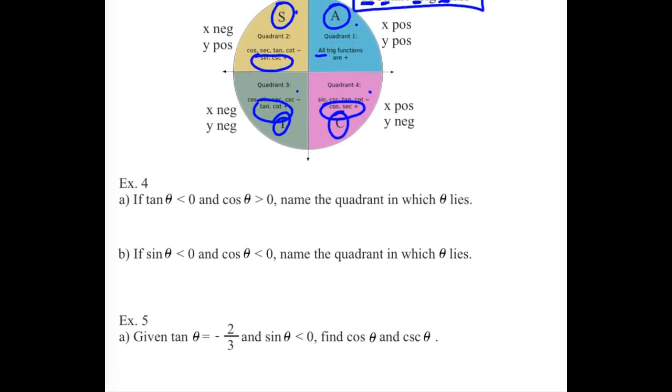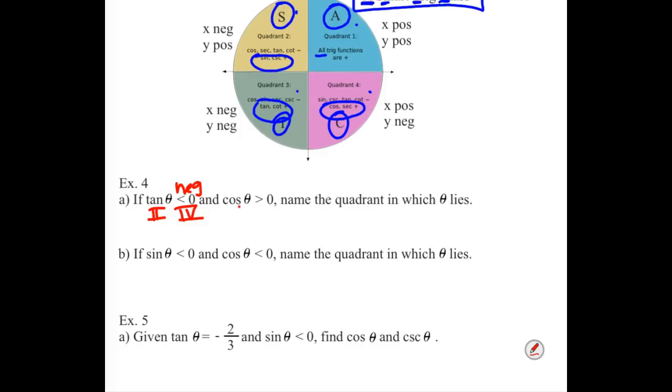All right, example 4, it says if the tangent of theta is less than 0. Less than 0 means negative. So look at the picture. In which quadrants would tangent be negative? Quadrant 1, all of them are positive. Okay, and quadrant 3, tangent is positive. That means in quadrants 2 and 4, our tangent would be negative. That's where we have one of our x or y's being positive and the other one negative.